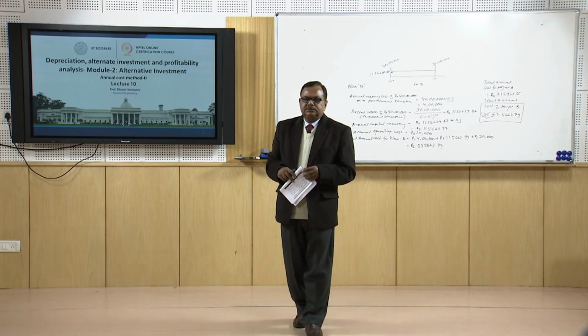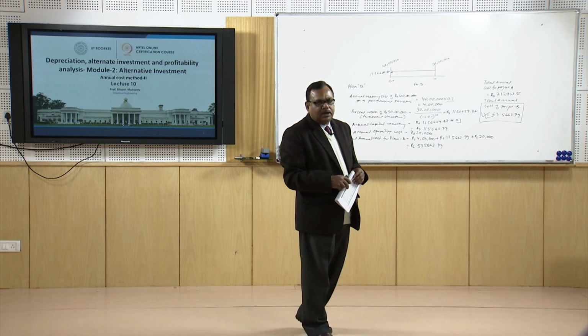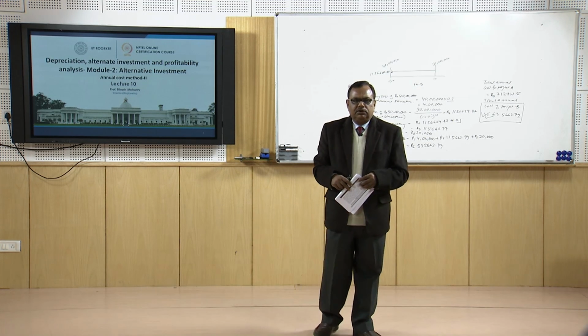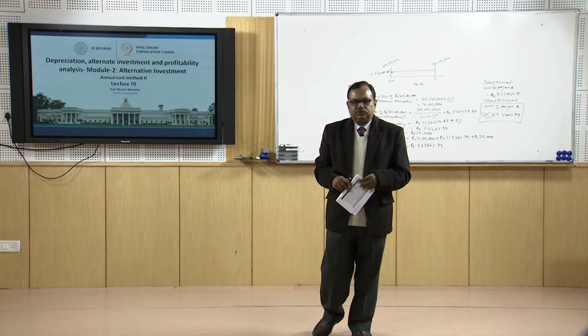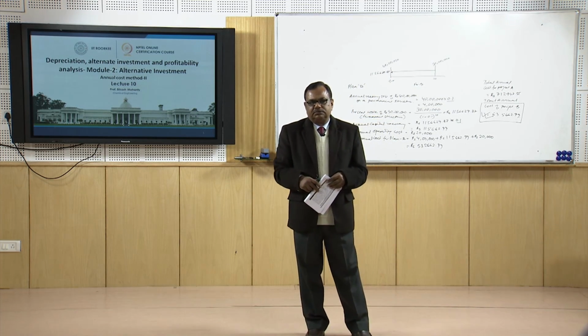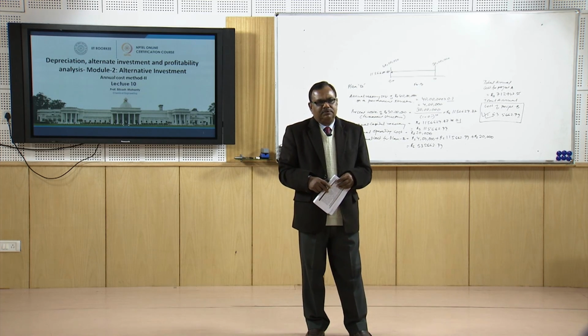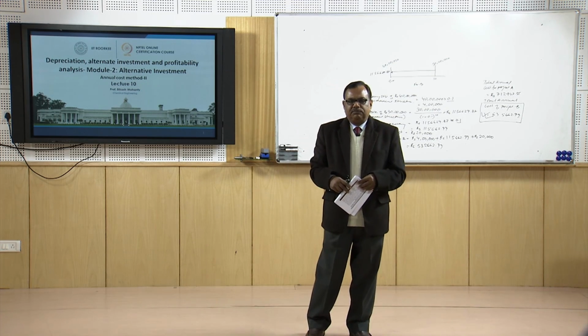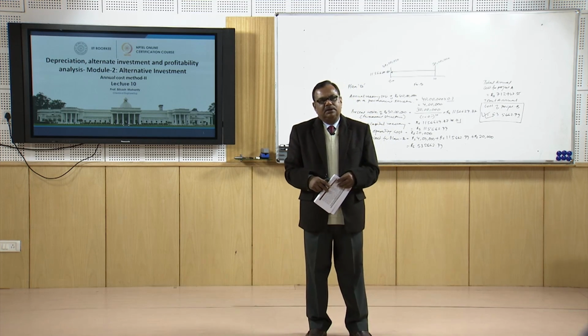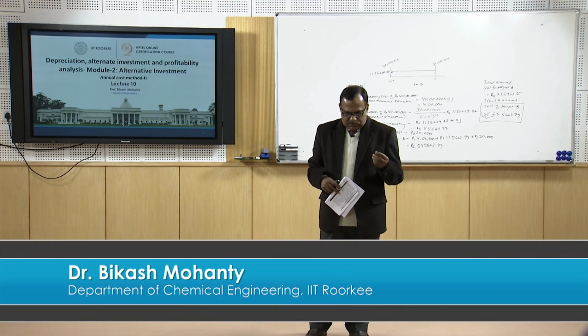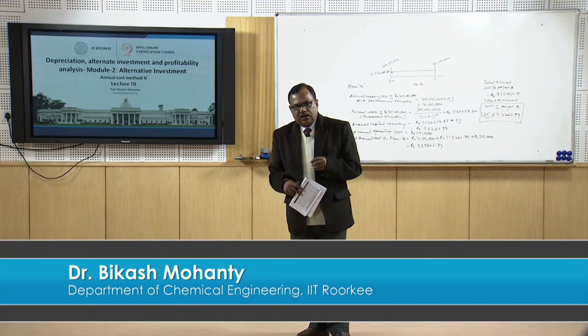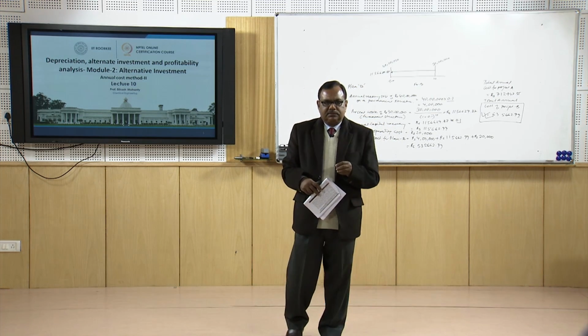Let us summarize this. A common problem confronted in engineering economics is where alternative comparison between two or more mutually exclusive alternative investments compete, involving different series of capital disbursement. That means the disbursements are at different times.